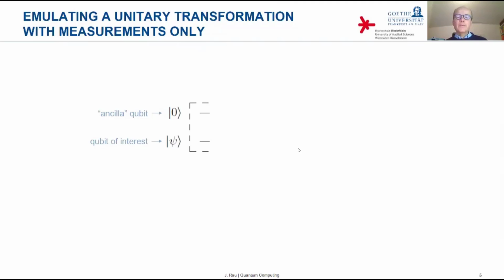What we would like to achieve is a unitary transformation of that state psi with an arbitrary unitary transformation. So it's not limited in any way. So it can be any unitary transformation. And we want to achieve that unitary transformation using measurements only.